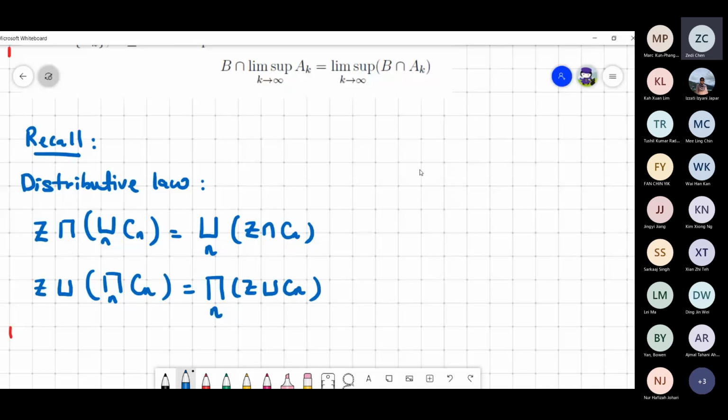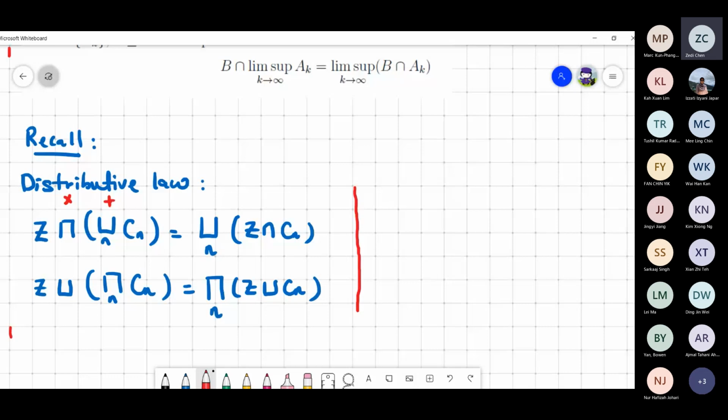I believe this is quite straightforward. You may assume this is a product, this is a plus.